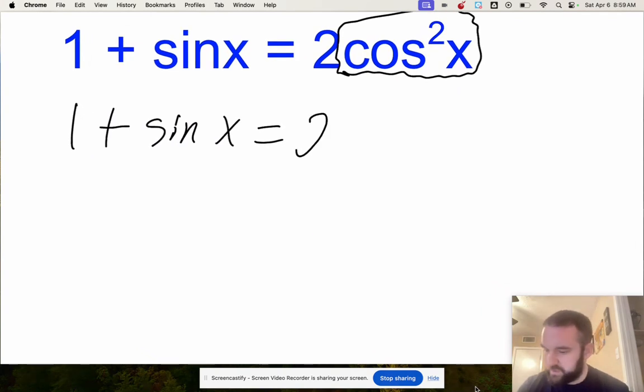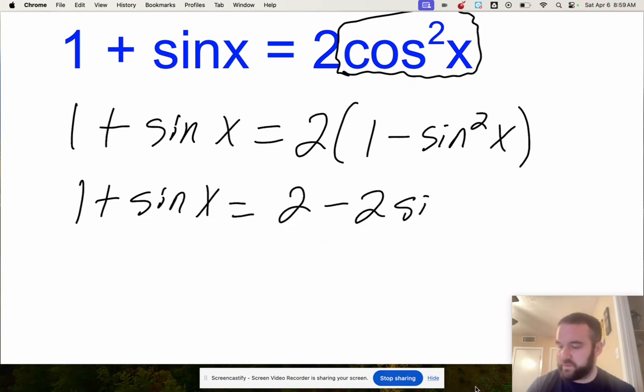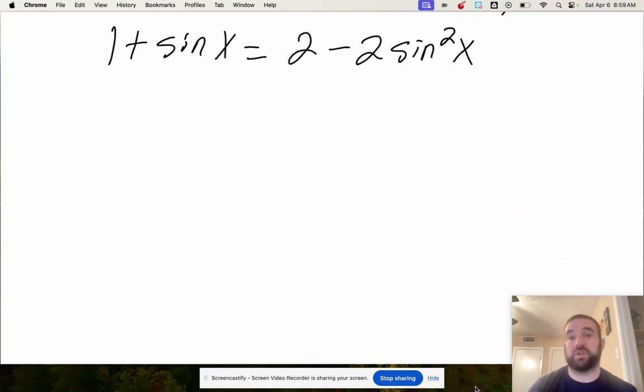So this is going to become 2 times the quantity 1 minus sine squared of x. Now, if I distribute on the right side, I'm going to have 2 minus 2 sine squared. And now the only trig function I have in this equation is sine. So now I can treat this like a factoring problem.